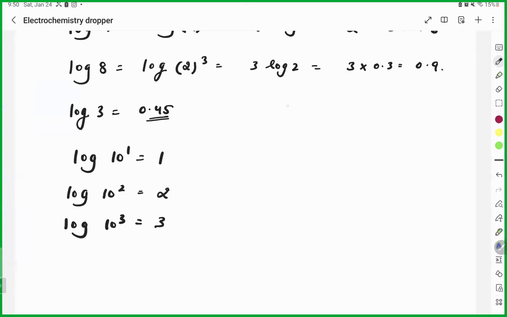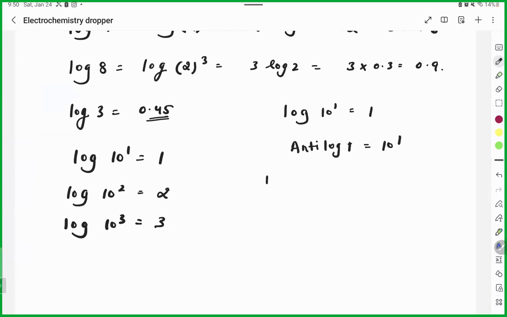Imagine log 10 raised to power 1 is 1. What will be the anti-log of 1? Sir, 10 raised to power 1. Exactly opposite.